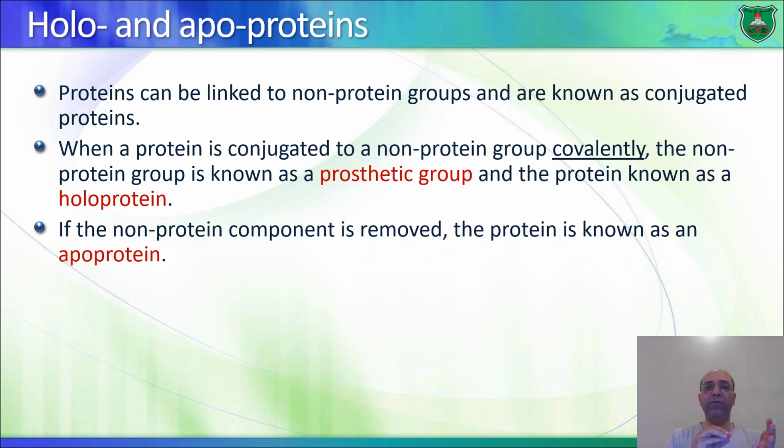If we remove this non-protein group, we call it an apoprotein. So whenever you hear apoprotein, you know this is a protein that is normally associated with a non-protein group, but we are talking about the protein without it. A holoprotein is associated covalently with a non-protein group, so it is a conjugated protein.